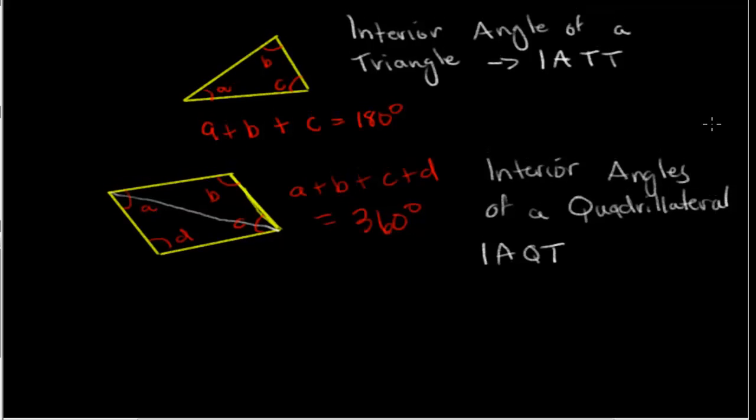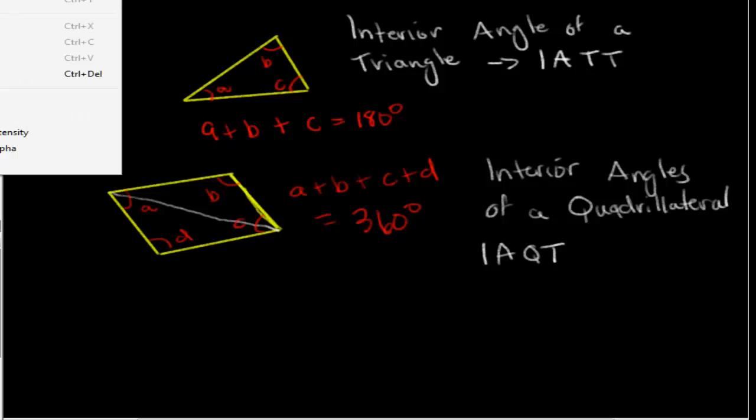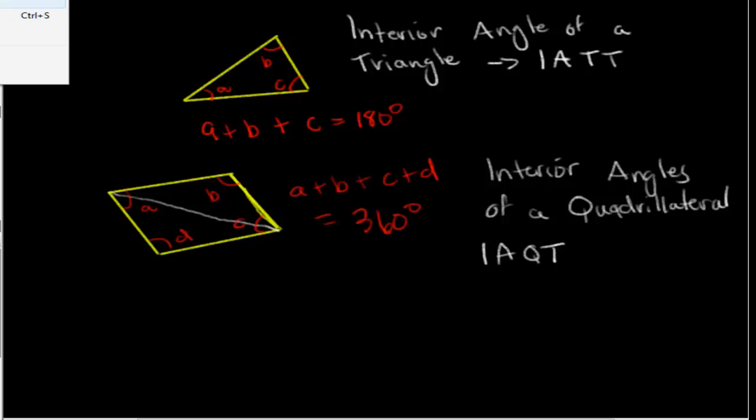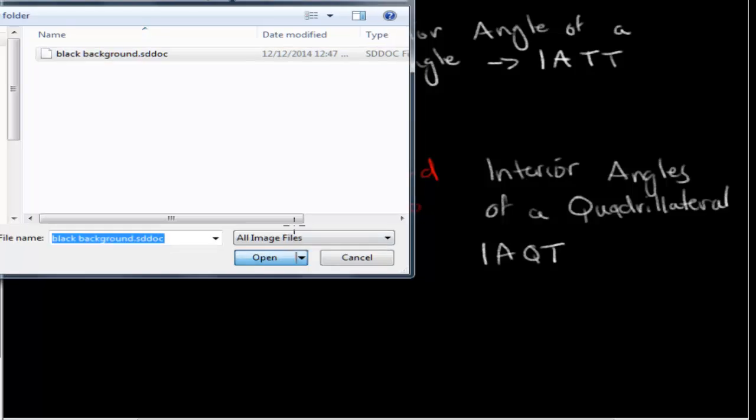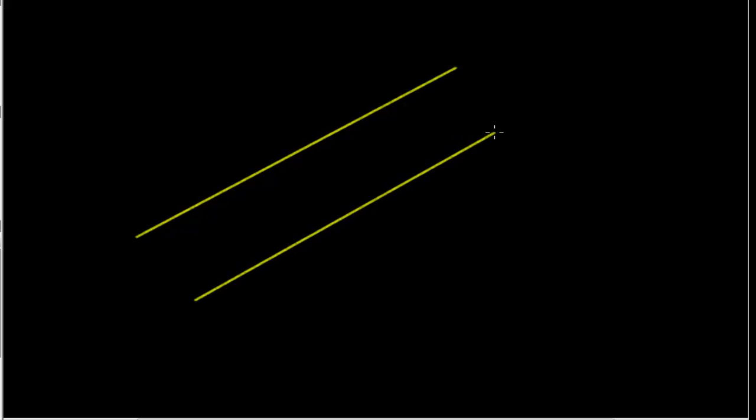So those are all the angle theories, and now we're going to put a little bit of practice into it. I'm going to open a new diagram here. I'm going to draw a line, and make a line parallel.